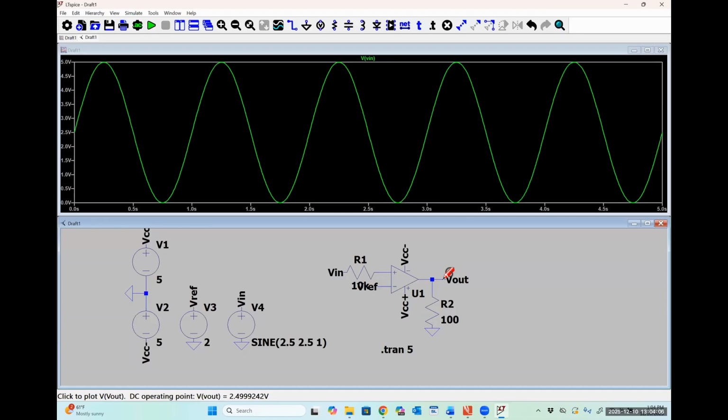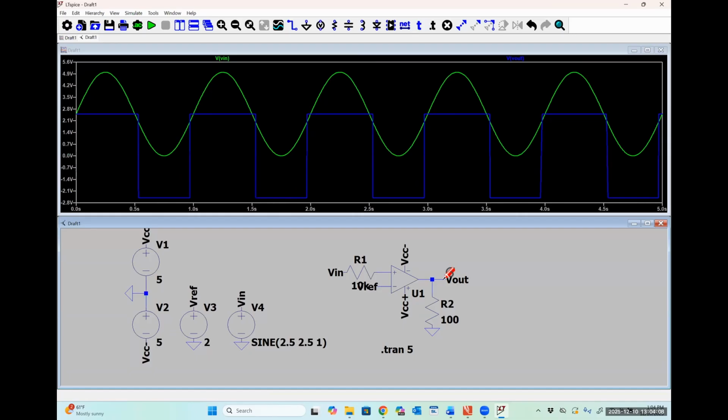So if I click on V out right here, it's not giving me exactly what I would expect. I wonder if it's because that 10 kilo ohm resistor is limiting some current. Let me do something real quick just to see.